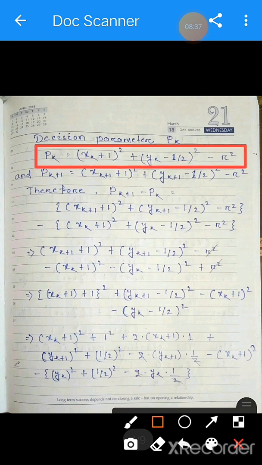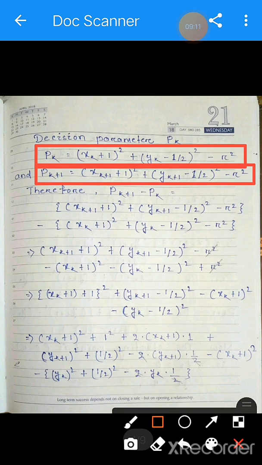And now find out pk plus 1. For pk plus 1, we simply increment the unit interval. That means (xk plus 1 plus 1) whole square plus (yk plus 1 minus half) whole square minus r square. This one is your pk plus 1 formula. Therefore, now we find pk plus 1 minus pk.